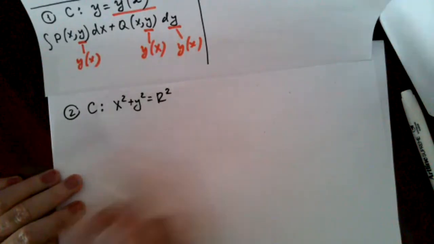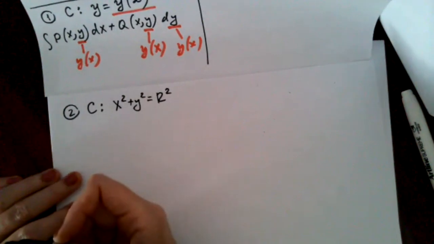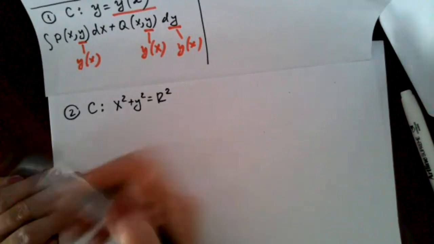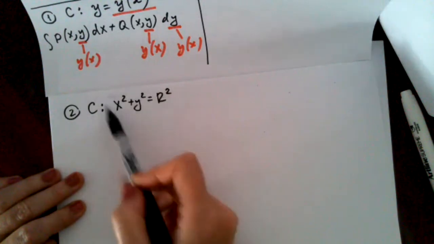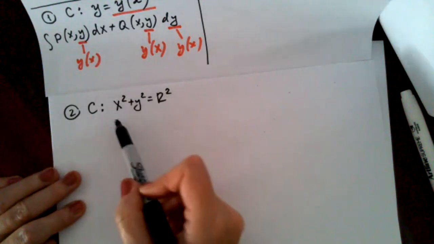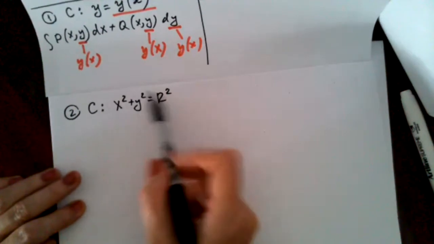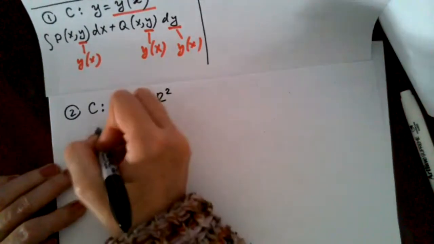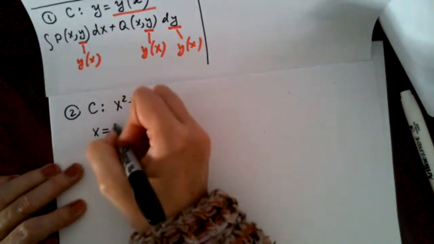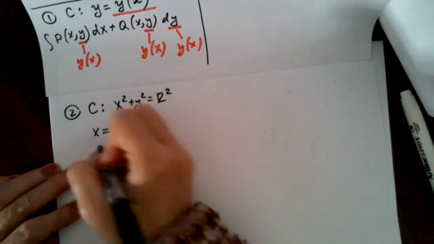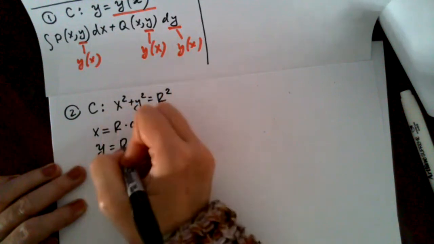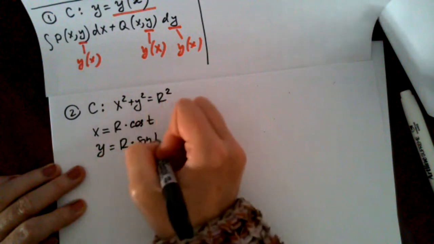So what can you do in the case of a circle? It's recommended to use a quite different equation of this circle. This looks nice, but it's not nice for integration. It's recommended to rewrite this equation in a parametric form. So the parametric form of the circle is x equal to radius r times cosine of t, and y is equal to r times sine of t.